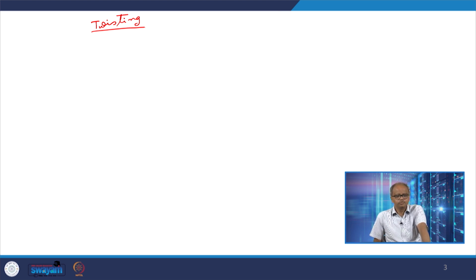But in the case of twisting, what happens is that only two conductors change their position. For example, suppose I have this kind of a case.